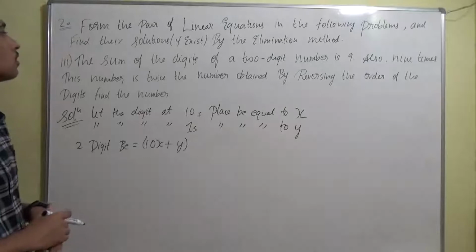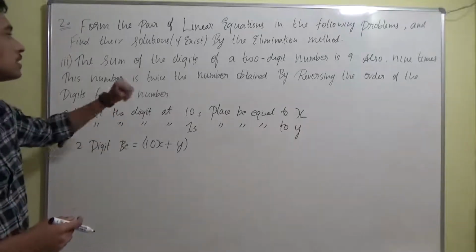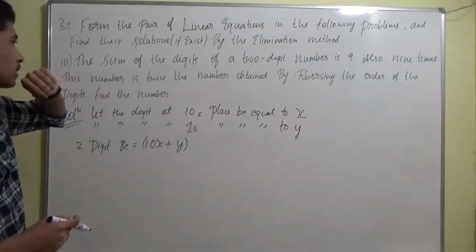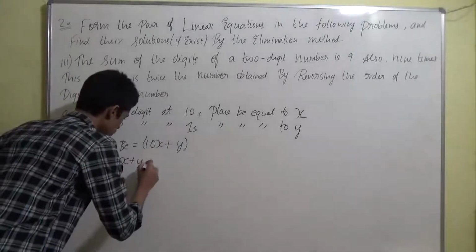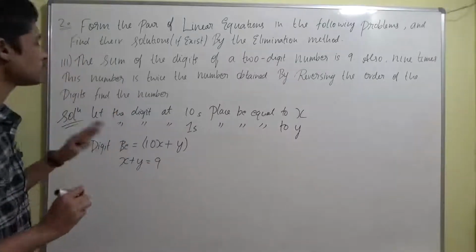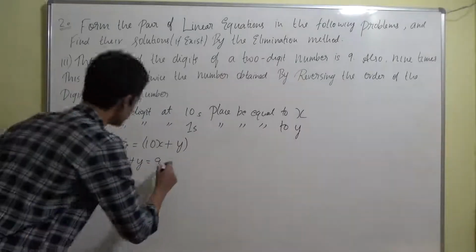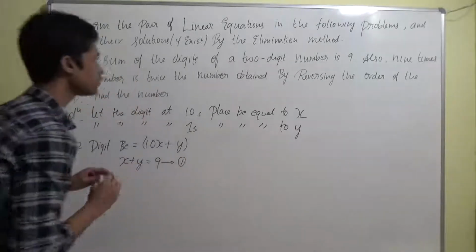Now going according to the question, the sum of the digits of the two digit number is 9, which means x plus y equal to 9. This is the first equation, which we got directly.